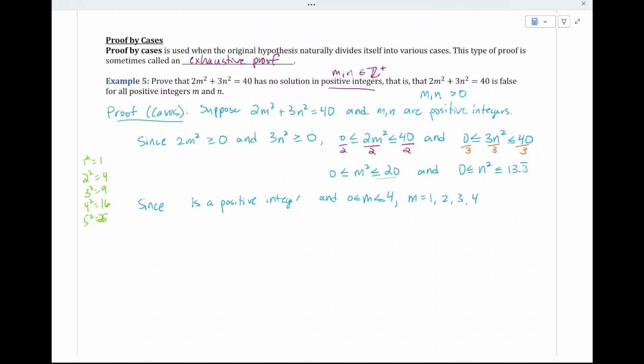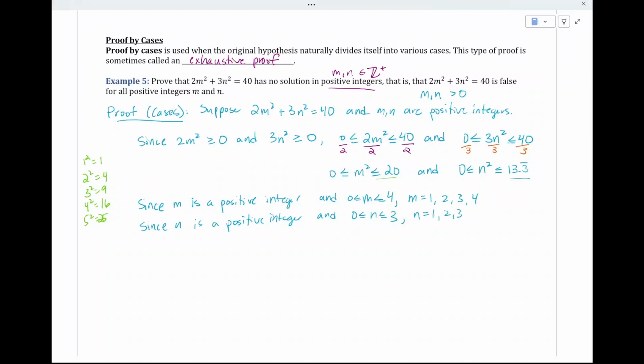Since n is a positive integer and 0 is less than or equal to n is less than or equal to, let's see, n can't be 4 because then it would be too big. So I'm going to go 3. n can be 1, 2, or 3.